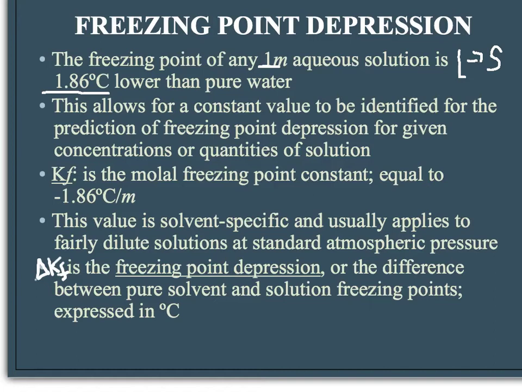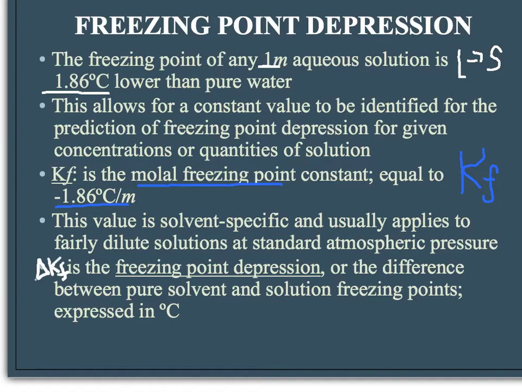Molar mass being grams per mole. We've got a constant here that looks at the molal freezing point. And that constant is a capital K with a subscript F. So that's the freezing point constant, and it is equal to this value that I mentioned above, negative 1.86 degrees Celsius per molal of solution.